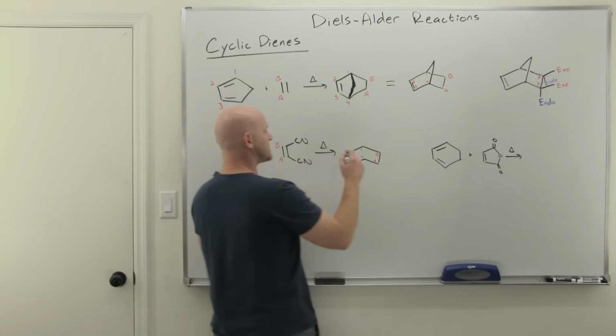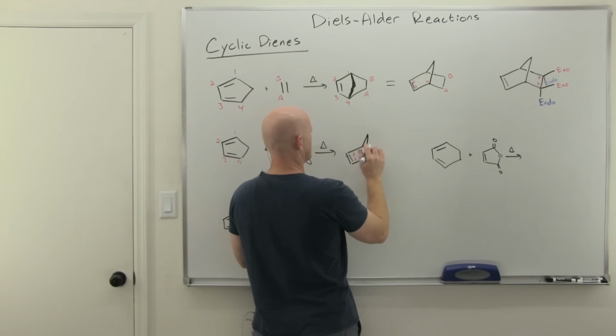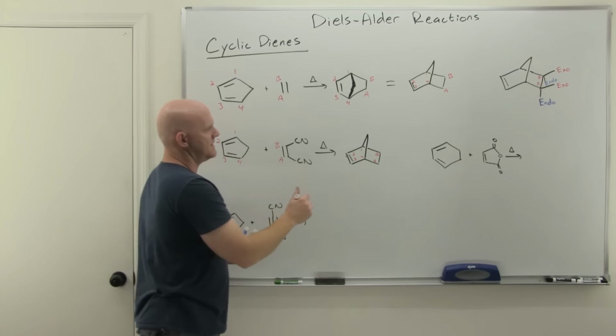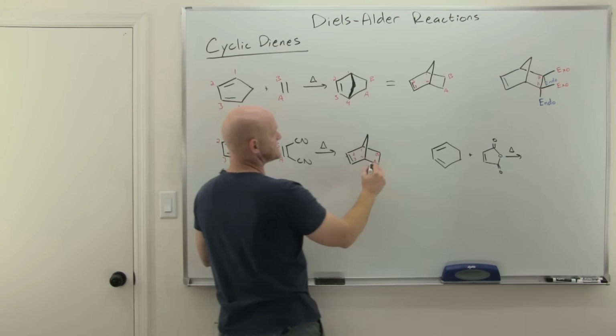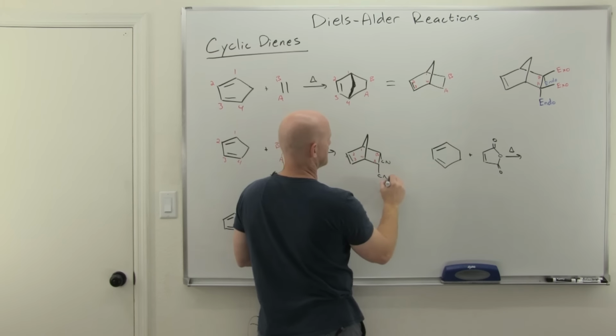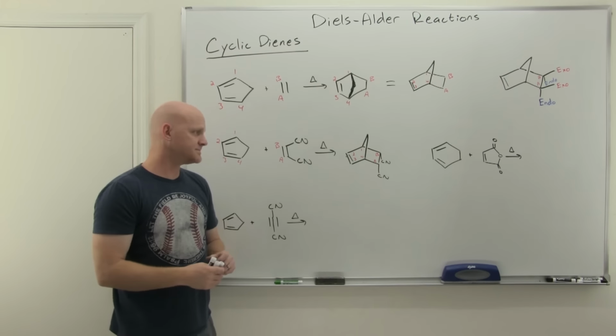So I need to make an extra carbon between 1 and 4. Cool, and then we've also got these two cyano groups on A and B. And they're cis to each other, which means they're both going to preferentially pick the endo position rather than the exo position. And there is our product.